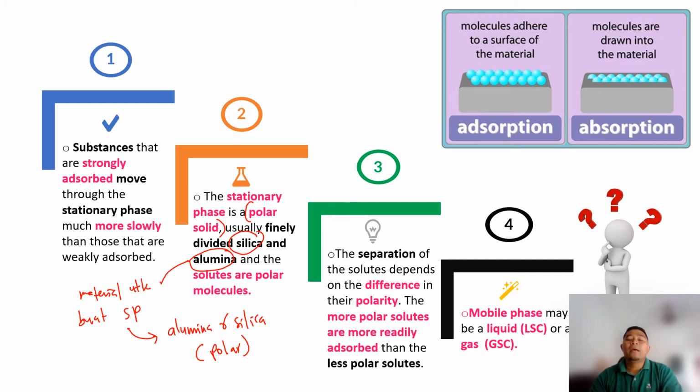So meaning that if this adsorption chromatography already states that the tertiary phase is polar, your mobile phase must be a less polar or non-polar mobile phase, then only can it be used. Otherwise no reaction happens, and no separation will happen. The separation of the solute depends on the difference in their polarity. The more polar solutes are more readily adsorbed than the less polar solutes in the tertiary phase. Okay, the mobile phase may be in a liquid or a gas state.